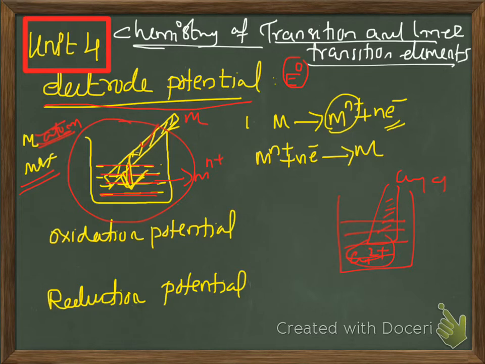When this process continues for some time, charge separation can be established at the interface of the solid and liquid. How does it happen? Initially we have a neutral electrolytic solution to which we have added the metal rod.